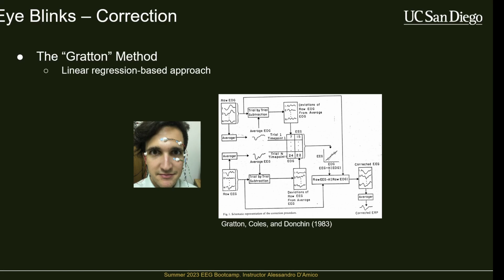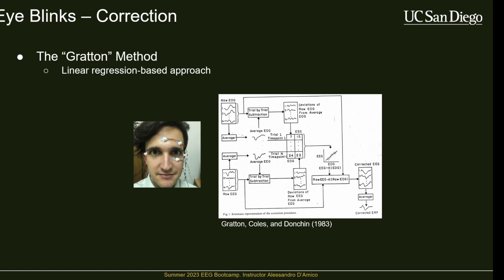What you can do is delete that component, remix it into your EEG, and then continue your analysis from there. In reality, it's more complicated than this, and after you do ICA and remix, your units are no longer in microvolts. They're in sort of arbitrary relative units. We're not going to talk about ICA beyond this because we're not going to use it.